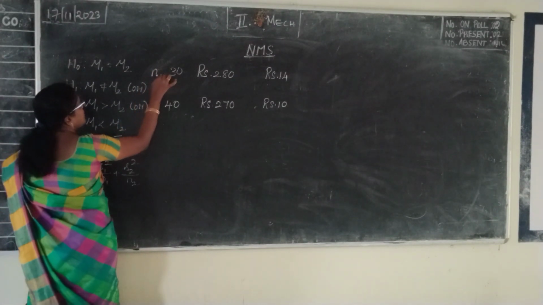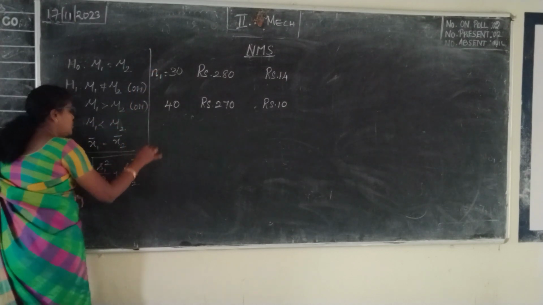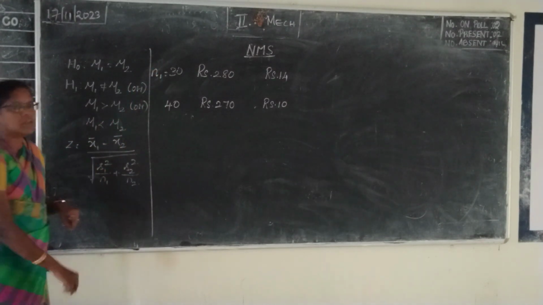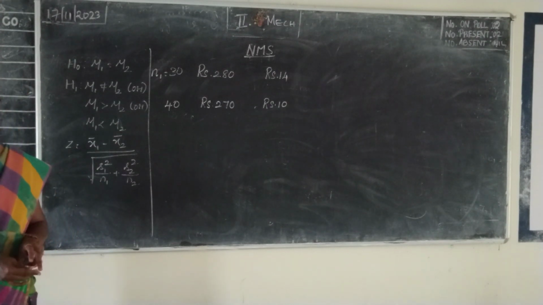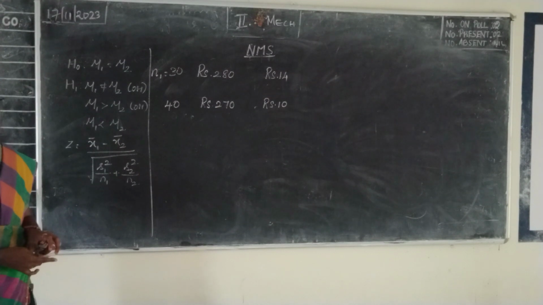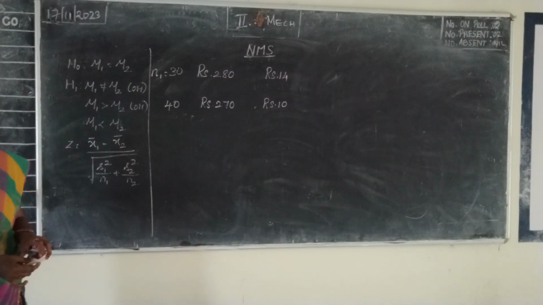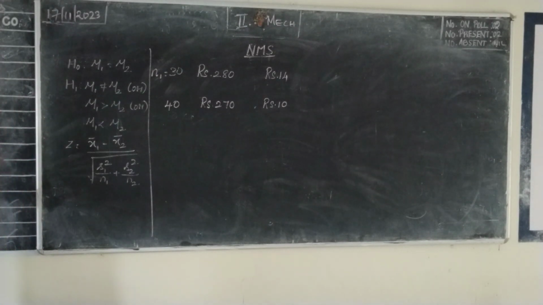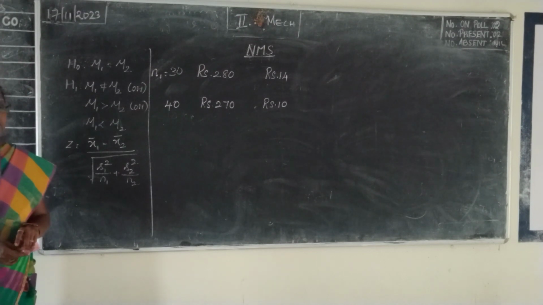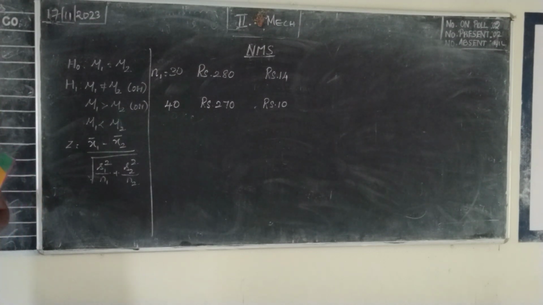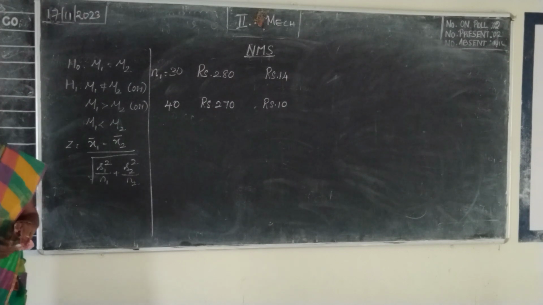For the first sample we write n1. You are given n1 is equal to 30. For the first sample, what is the mean? The mean weekly wages of 30 employees was 280. What is the notation for mean? Sample mean, x bar.